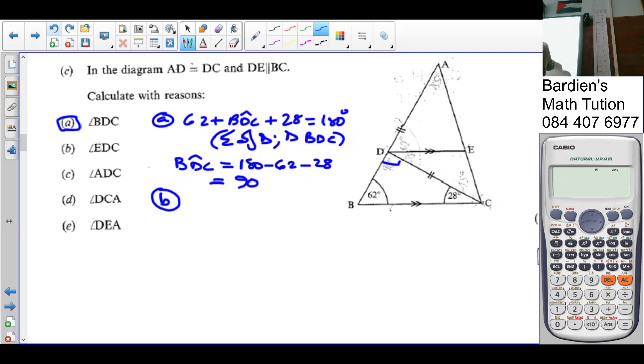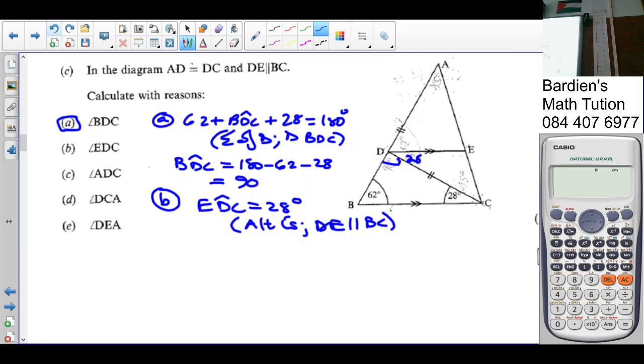So that's 90. This is 28 degrees. So EDC, we said it's alternate, with DE being parallel to BC. You all agree with that? Alright.